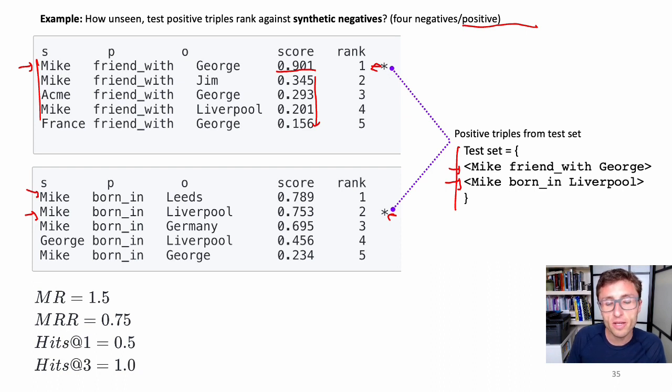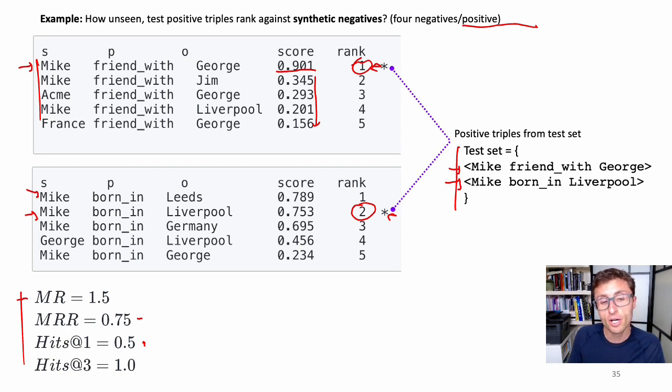By taking into account these two ranks, we can compute these aggregate metrics. The mean rank is 1 plus 2 divided by 2, so it's 1.5. Or we can compute the MRR, the mean reciprocal rank. Or how many times the positive has scored on top, hits at 1, so once out of 2 cases, so 0.5.